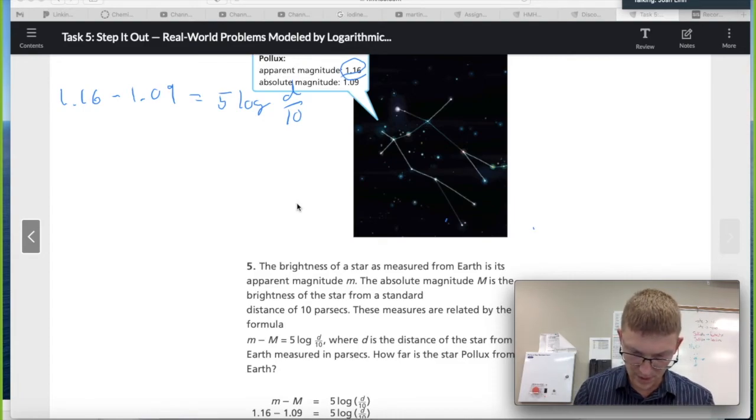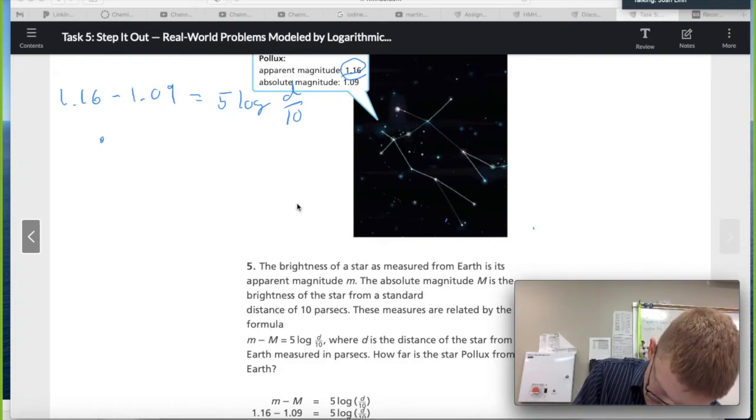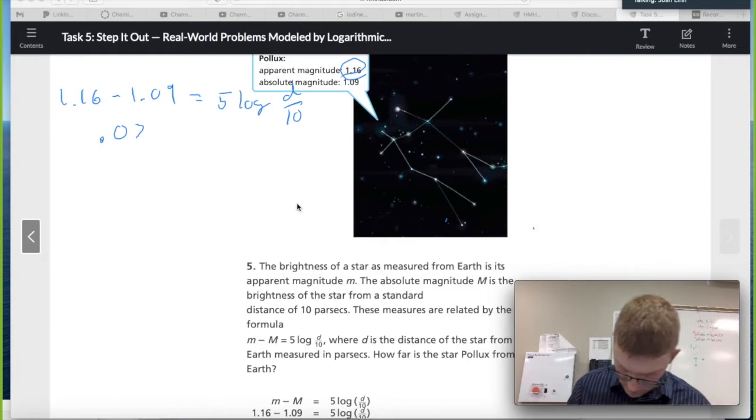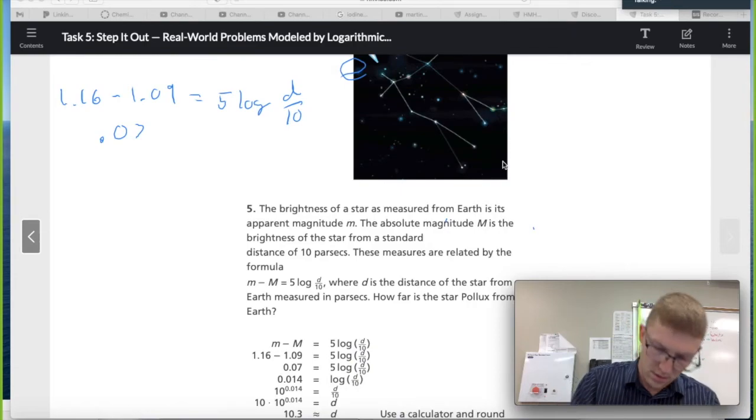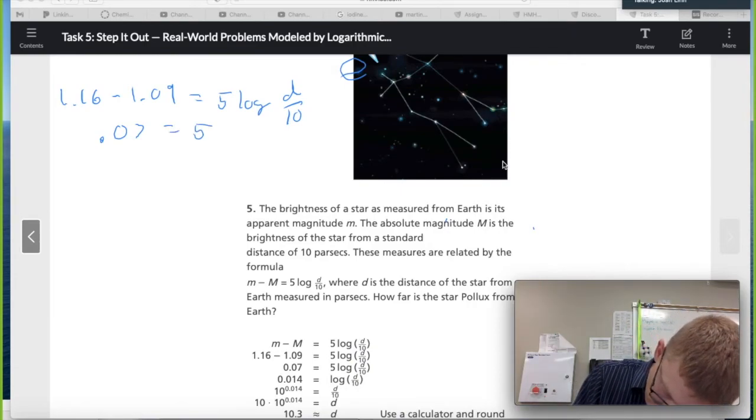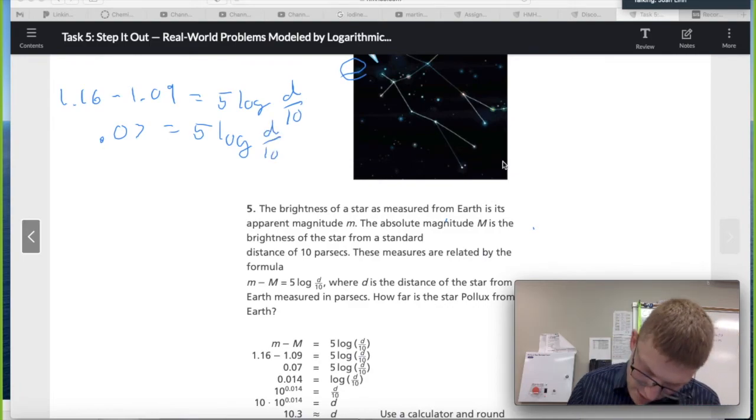So we've got 1.16 minus 1.09, so we're going to have 0.07, equals all of this stuff.